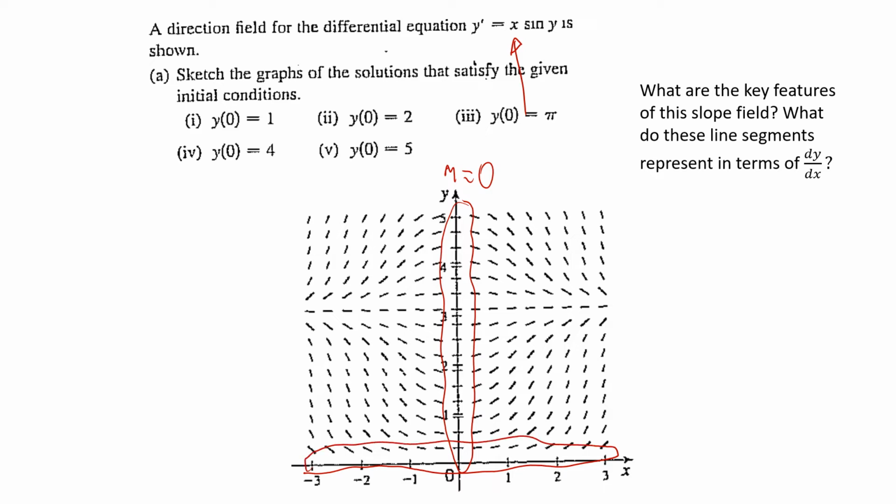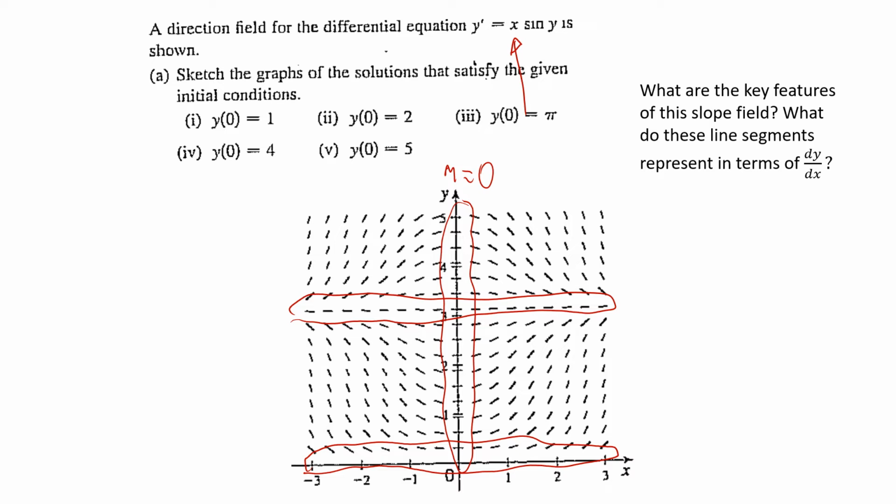But where else do you have 0 gradient? Of course, when y is equal to pi, sine is going to be 0, and that would be this line of flat slope segments as well. So they're all points in the slope field representing where dy dx is equal to 0.